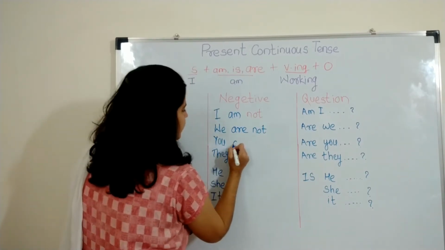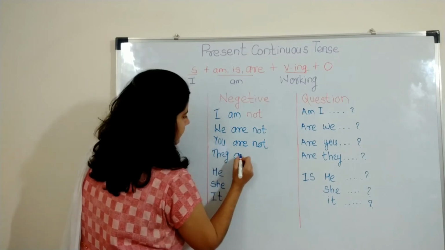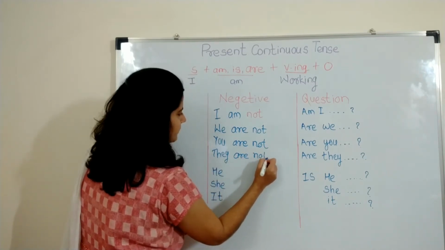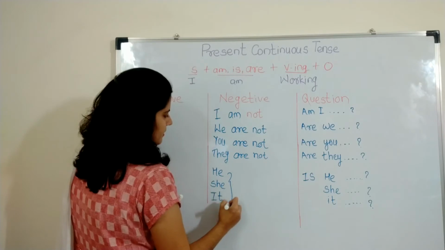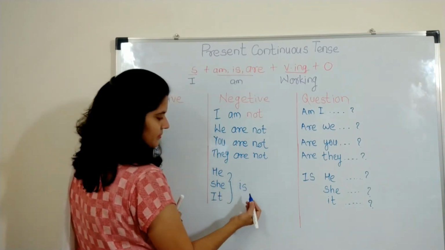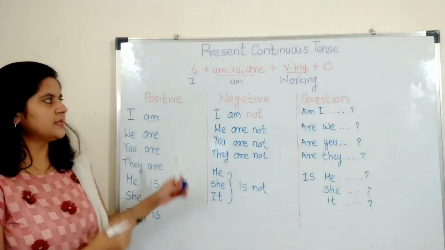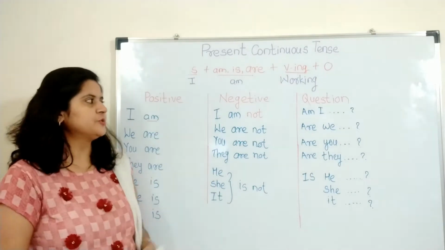You are not working. They are not working. Then he, she, it is. Here what will come? Is not working. It is very simple to make the negative forms.